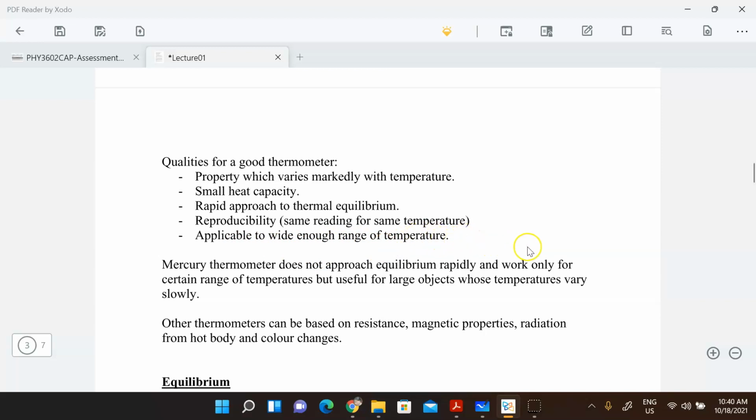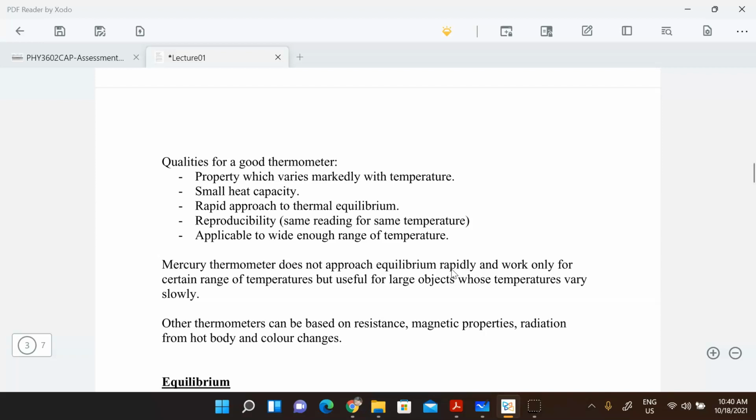Now, the mercury thermometer itself does not approach equilibrium rapidly. When you insert this mercury thermometer in a heated object, you can see the capillary rise slowly.